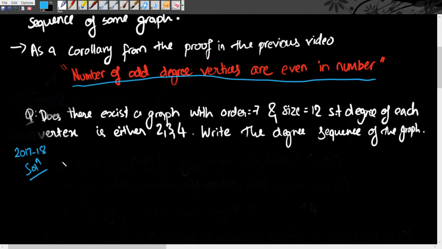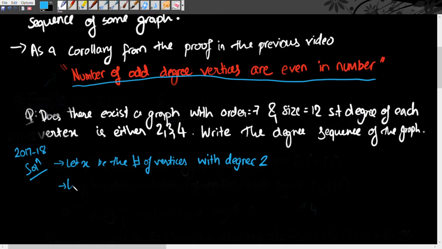Alright, so let's first start by assuming some things. Let x be the number of vertices with degree 2.